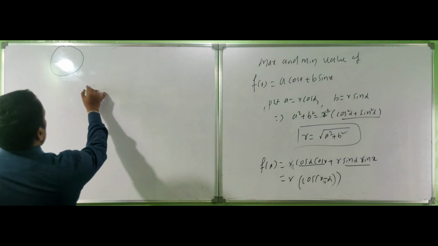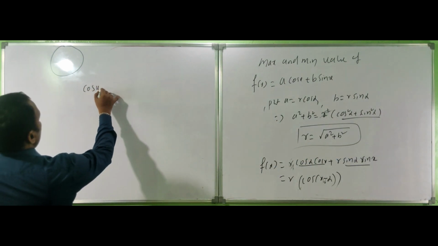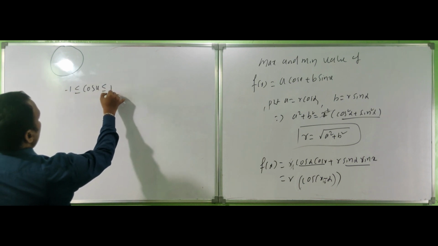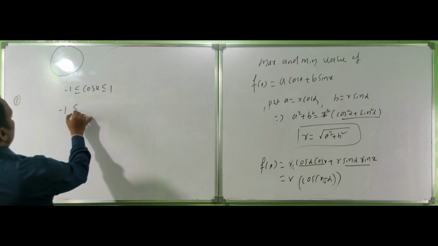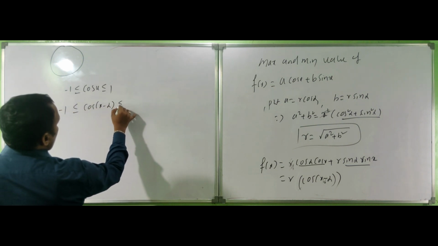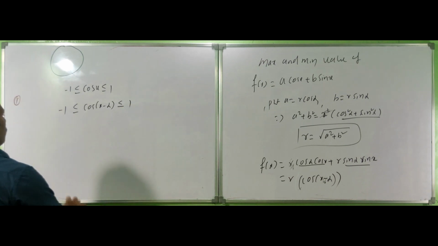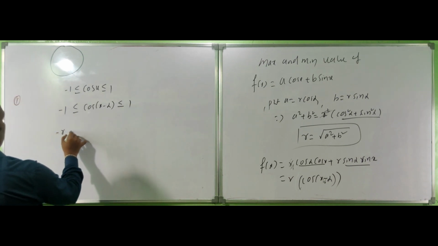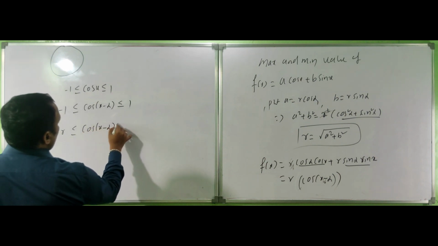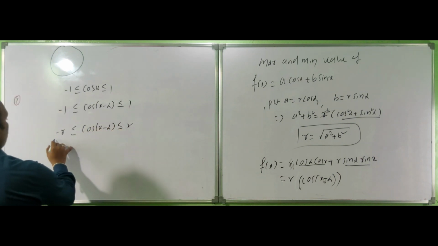What is cos x? Minus 1 is less than or equal to cos x less than or equal to 1. Similarly, minus 1 is less than or equal to cos of (x minus alpha) less than or equal to 1. Multiplying by r on both sides, minus r is less than or equal to r cos of (x minus alpha) less than or equal to r.